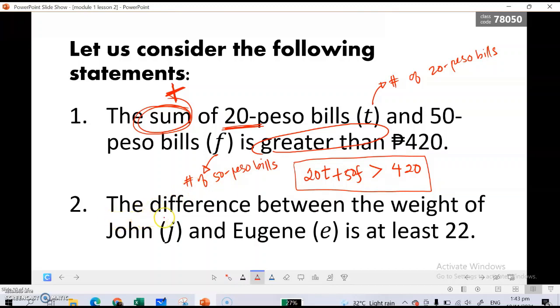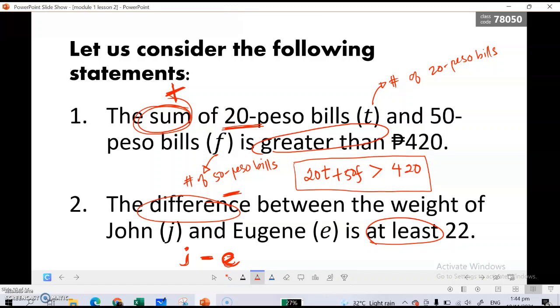So we have here, number 2, the difference between the weight of John, J. So difference siya ngayon, kanina sum, so ito minus. So pag pinag-minus daw ang weight ni John na J sa weight ni Eugene na E, so the difference between the weight of John, yan, naka-variable J tayo, and Eugene, naka-E si Eugene, is at least, naalala nyo ba kung anong inequality yung sa at least?